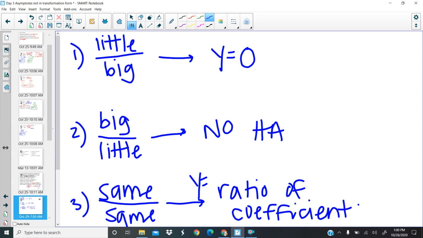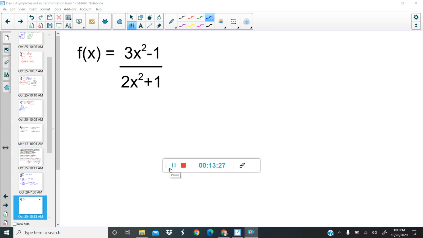We're going to do a couple of examples of looking at these and determining what this means. My first example is 3x squared minus 1 over 2x squared plus 1. Our highest exponent in the numerator is 2, and the highest exponent in the denominator is also 2.